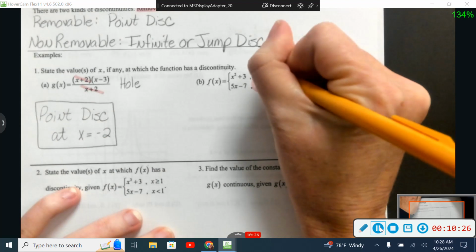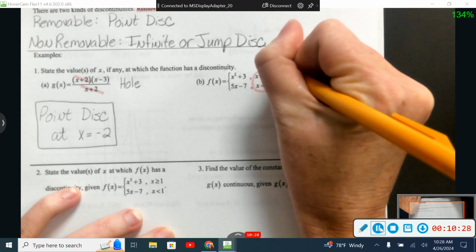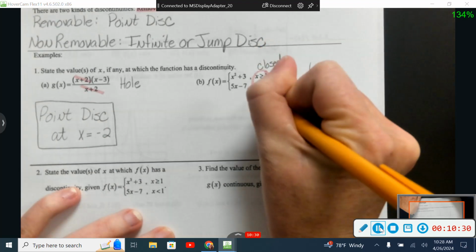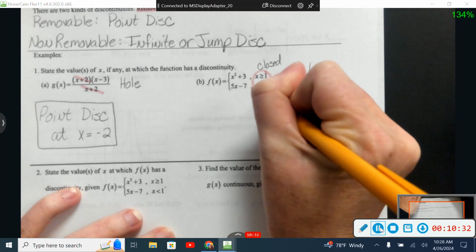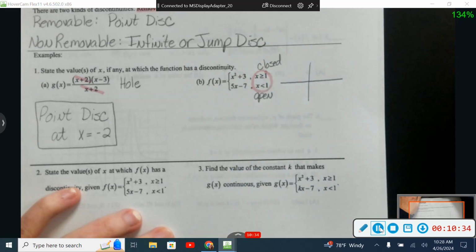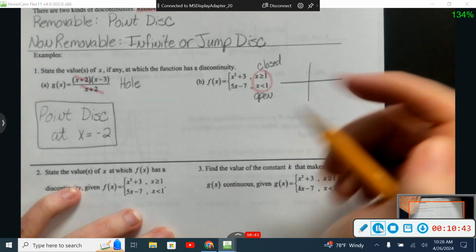Now the equal to is going to be a closed circle, and the not equal to is going to be an open circle. So I'm still going to find the y value that works with 1, but that's the difference, is that one gets a closed circle and one gets an open circle.